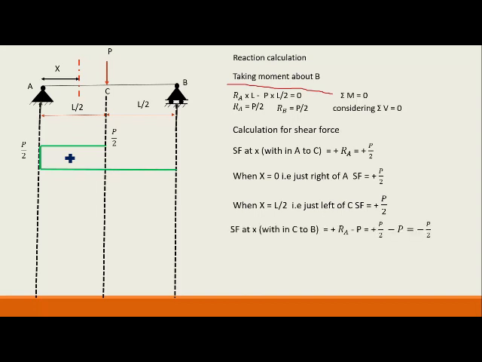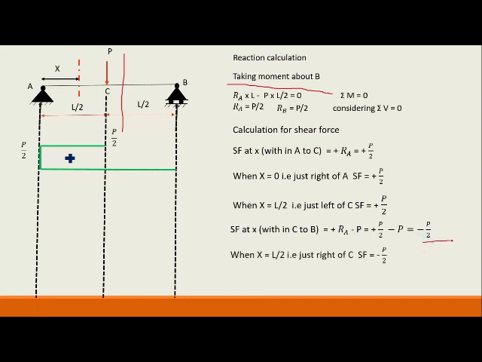Now, let us consider the SF at x from C to B. Now the equation will change. Here, when the cross section is just starting from the right of C, the forces are plus RB minus P. So it will be plus P by 2 minus P, which is minus P by 2.